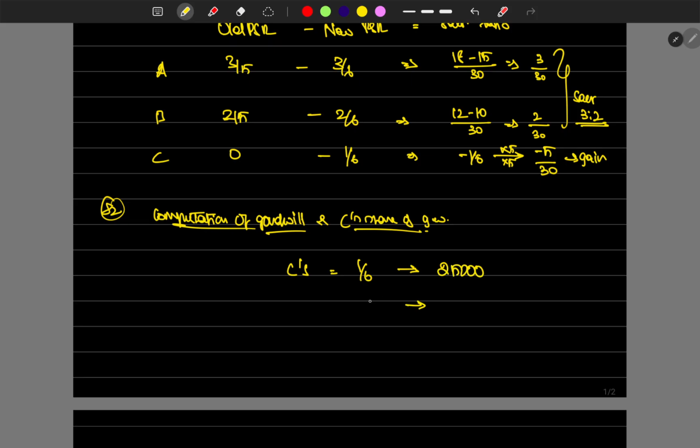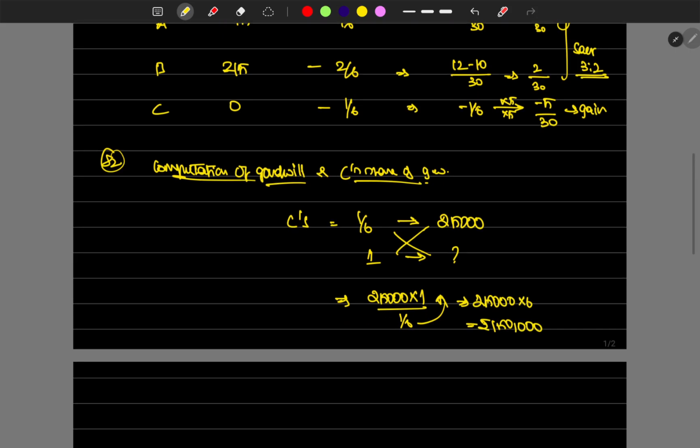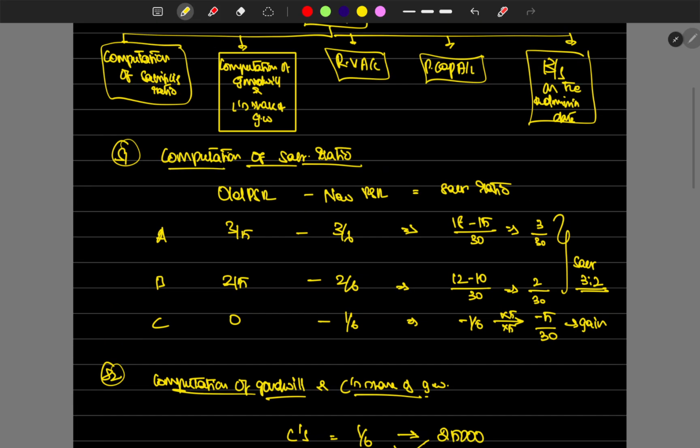Then how much for 1? Cross multiply. If 1/6 is 25,000, what is it for 1? It has to be 25,000 into 1 divided by 1/6. This 6 comes here, so 25,000 into 6, which is rupees 1,50,000, is the total capital required, right?